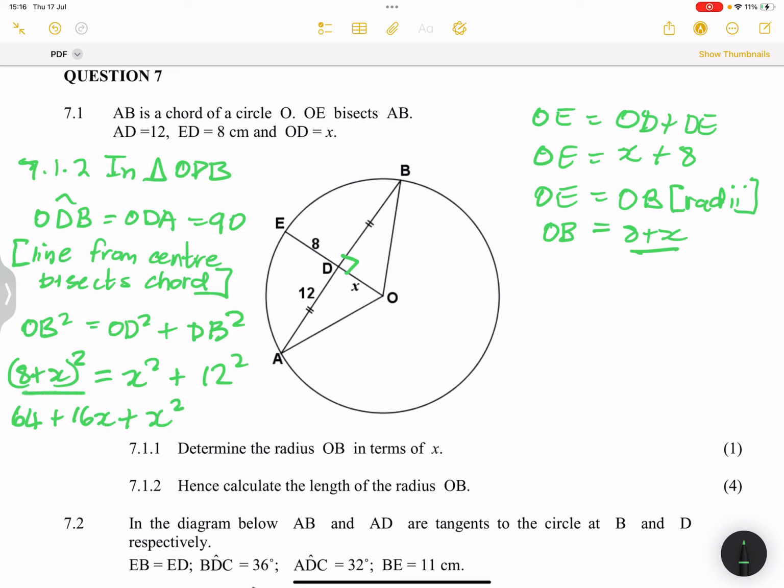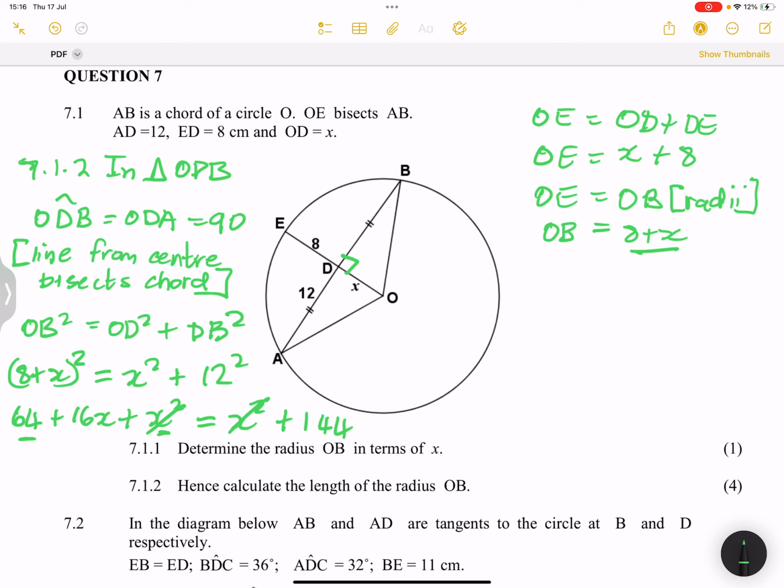For those of you that have seen me do this, remember, whenever you've got a square bracket, that's the first term squared, the last term squared, and the middle term, you always multiply both your terms and multiply by 2. So 8x times 2 gives us 16x. And this is equal to x squared plus 12 squared, which is 144. Now, ladies and gents, you can see this x squared and this x squared cancel each other out.